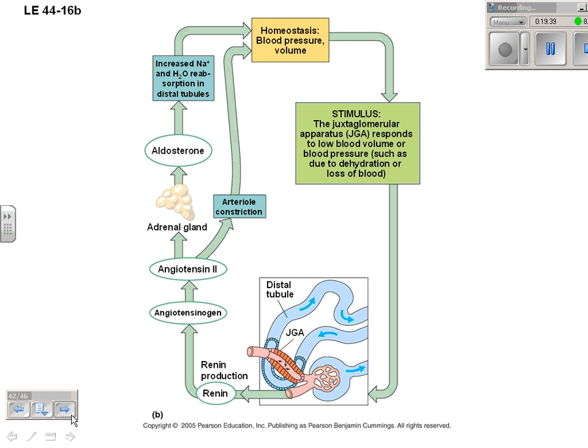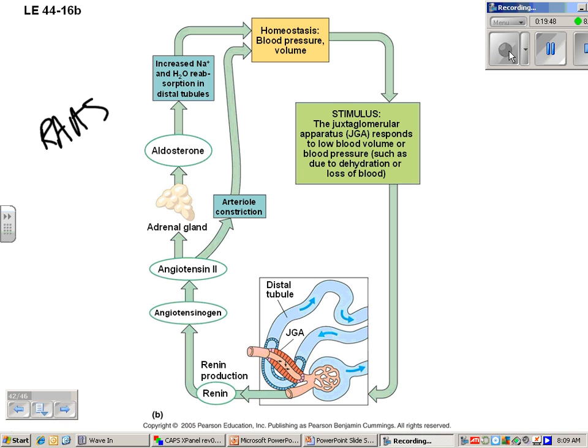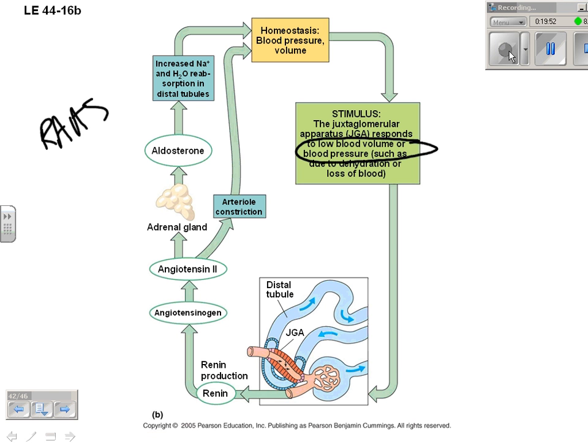There's another system called the RAAS system, renin aldosterone angiotensin system. This is in response to low blood volume or low blood pressure. It produces a hormone called renin from your kidneys.